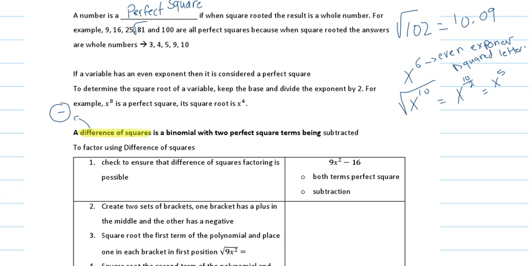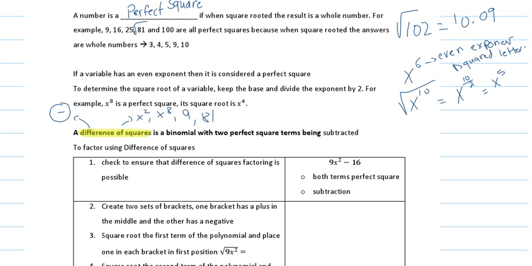So for example, x squared is a square term, x to the 8 is a square term, 9 is a square term, 81 is a square term. If you have two terms that are squared, and there is a minus between them, this is a special case of factoring called difference of squares.